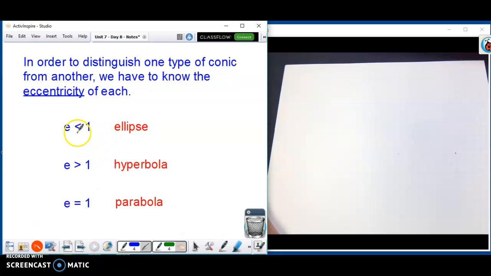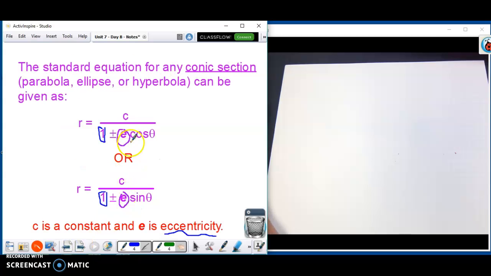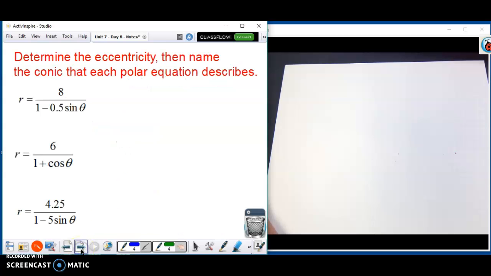So, if your E is less than 1, it's going to be an ellipse. If your E, or your eccentricity, is greater than 1, it's going to be a hyperbola. And if your E is equal to 1, then it's going to be a parabola. So just looking at this equation, whatever your E value is, whichever category it falls in, tells you what conic section it's going to be.